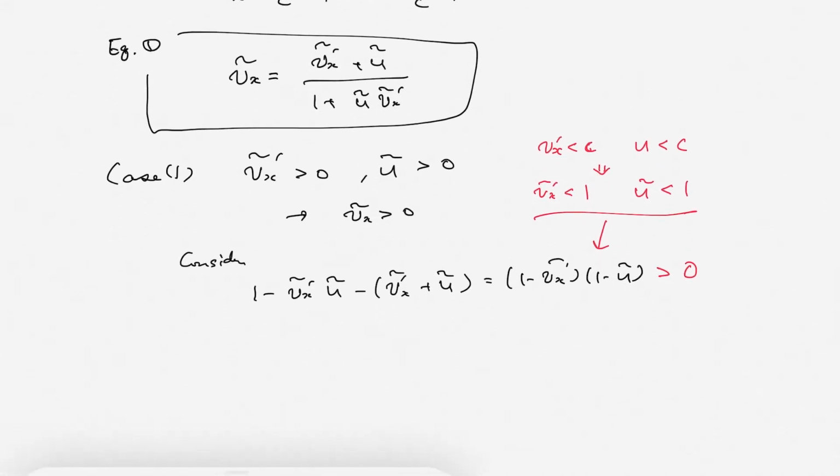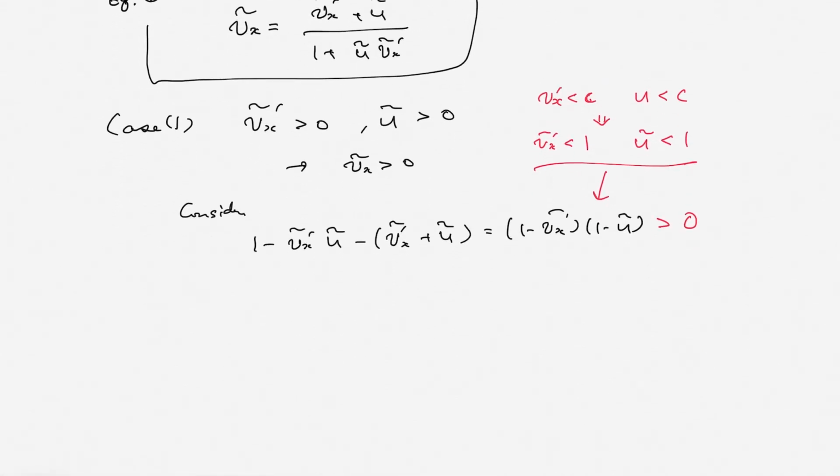So from these equations, you could find that 1 plus v sub x prime tilde u tilde is larger than v sub x prime tilde plus u tilde. So this means the quotient is smaller than 1.